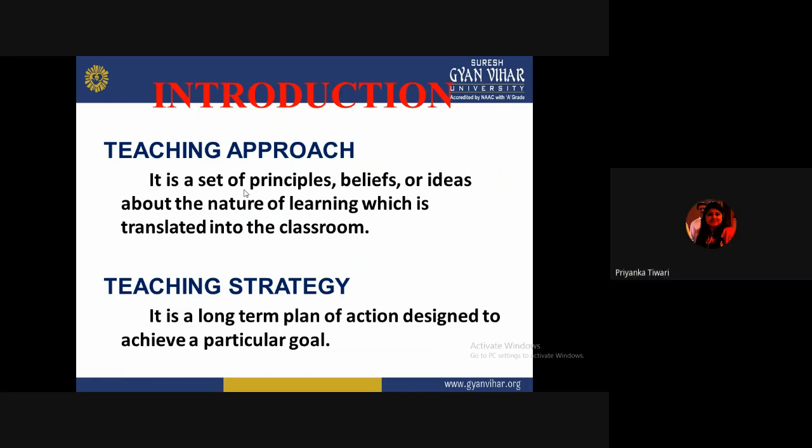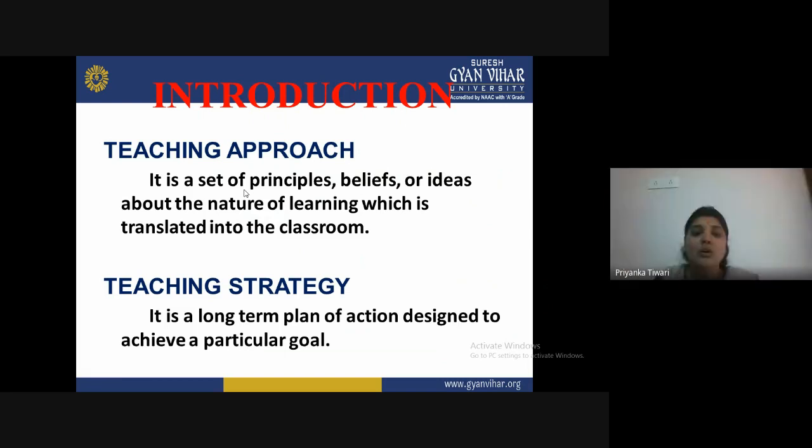Now, teaching strategy is a long-term plan of action. Here we are discussing some strategies, some methods. It is a long-term plan of action designed to achieve a particular goal. So here we want to get a particular goal.